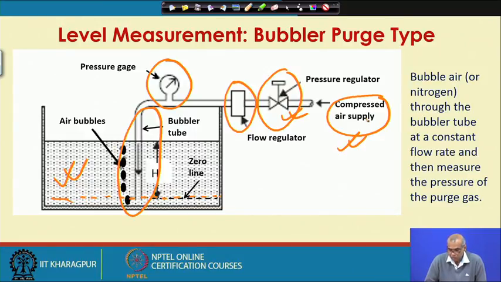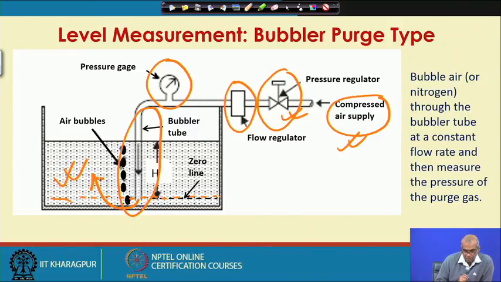Now, when I send compressed air through this pipe, this air will travel through this pipe and through this bubbler tube and will try to escape from here.